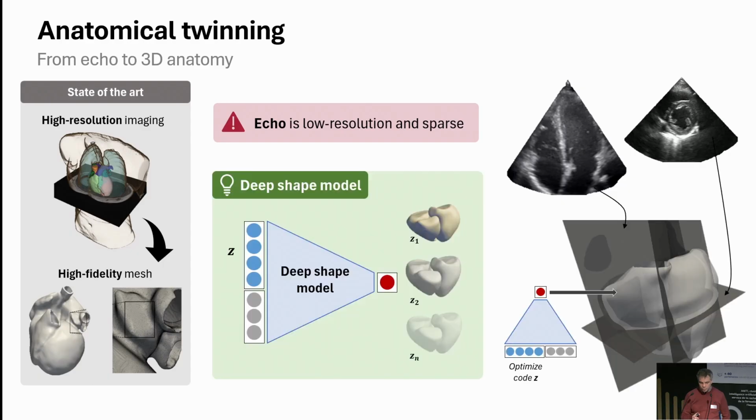So our idea was to use a deep shape model. It's a sort of statistical shape model, but the idea here is again to use a neural network to represent the geometry, and then you can condition it on a latent code that in a way surrogates the geometry itself. That's quite interesting because once you have this atlas, you can build a new optimization problem.